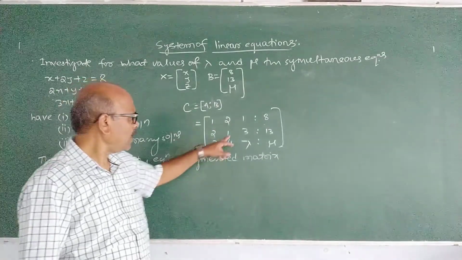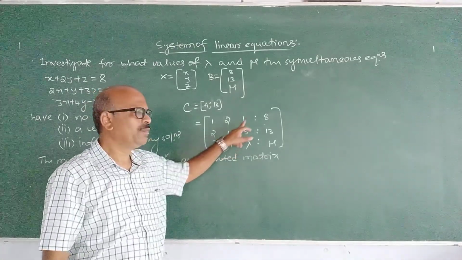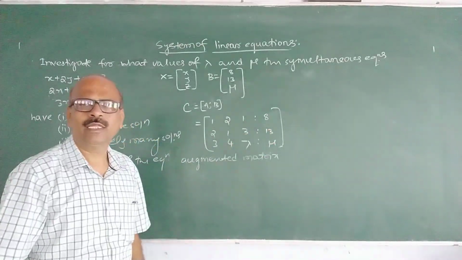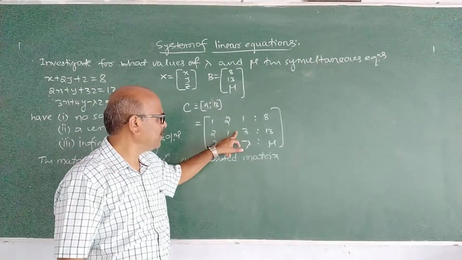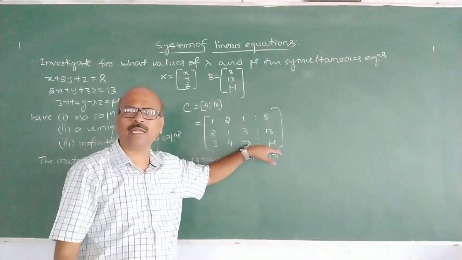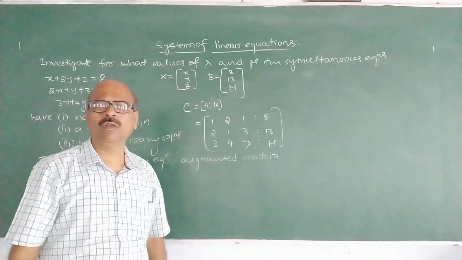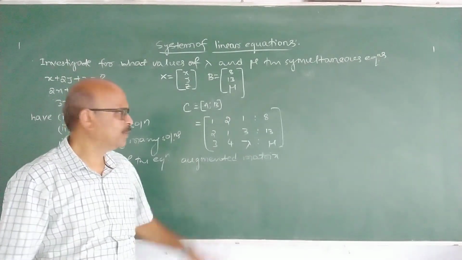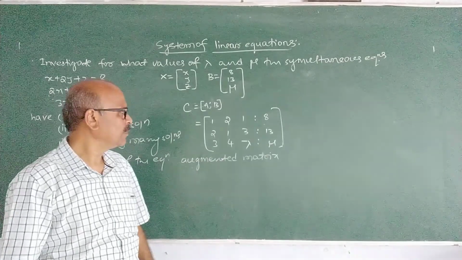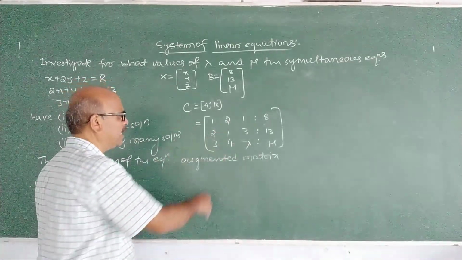And if the rank of the coefficient matrix is the same as the augmented matrix and each is less than the number of unknowns, then there will be infinitely many solutions. So three things are there: no solution, unique solution, infinite solutions. Now we find out the rank of this.